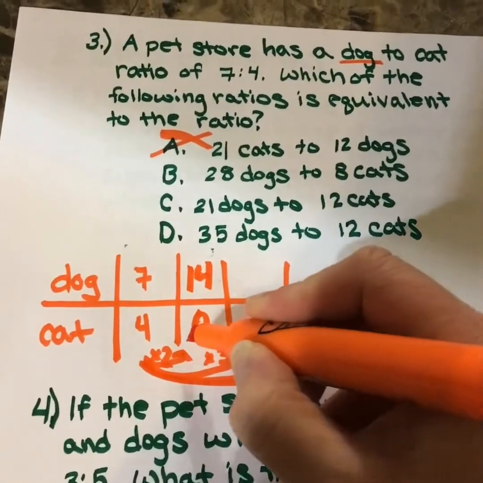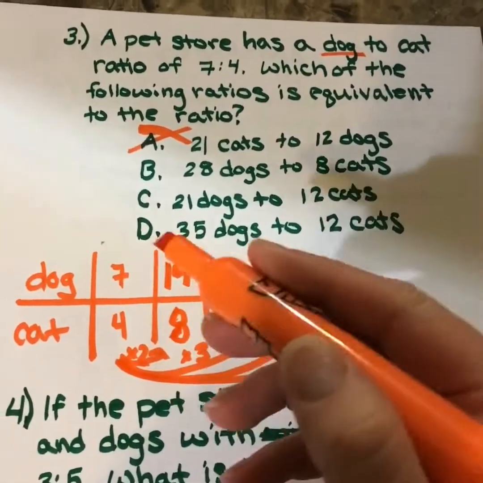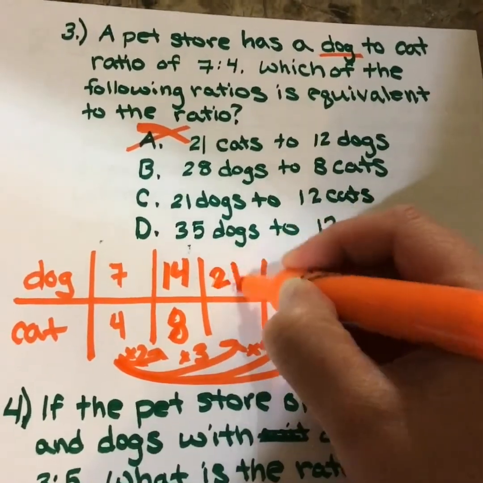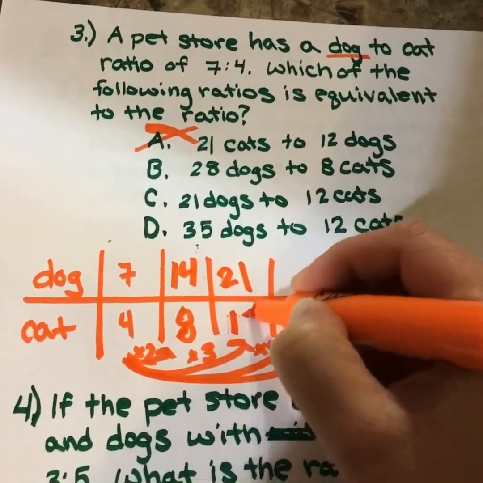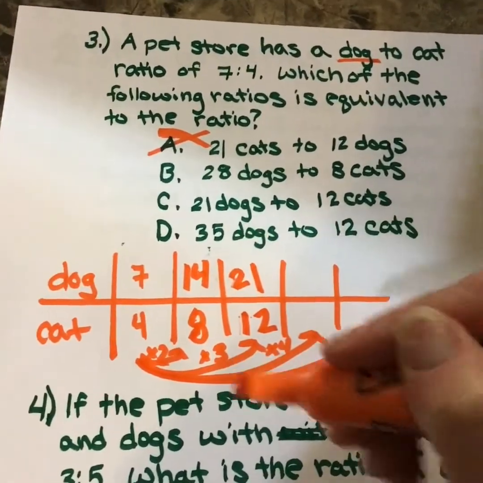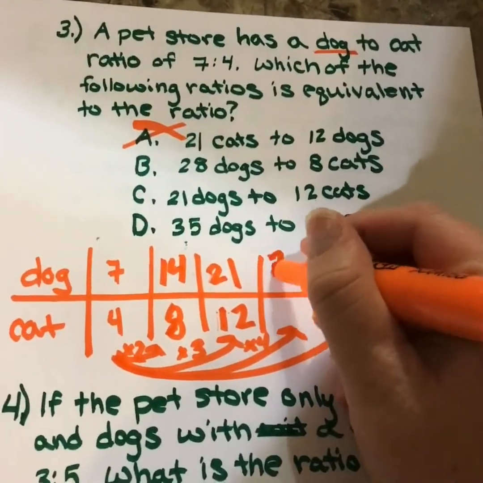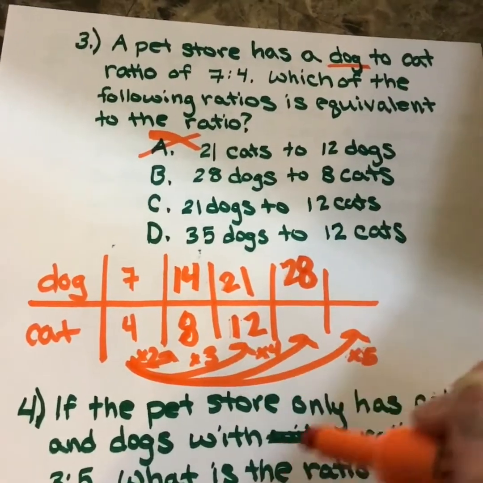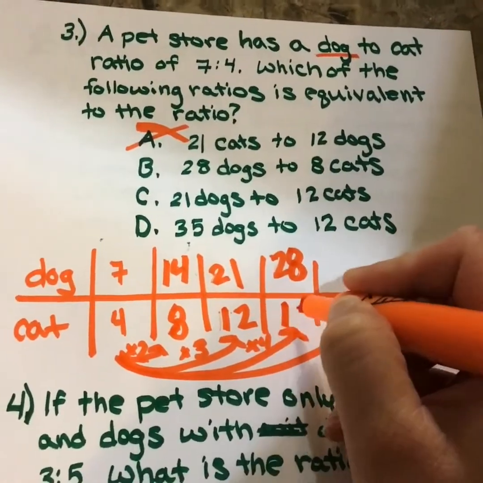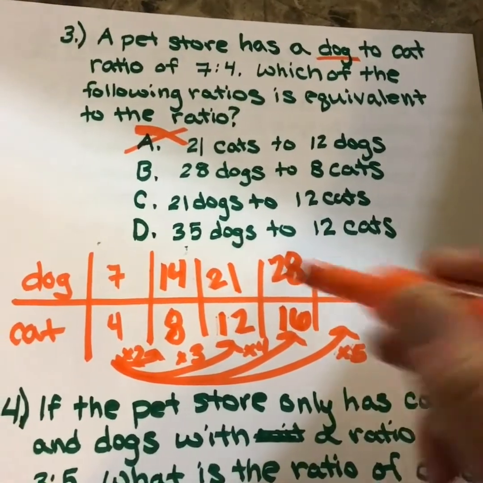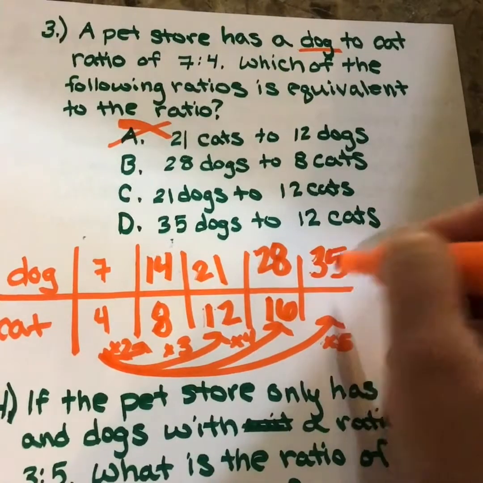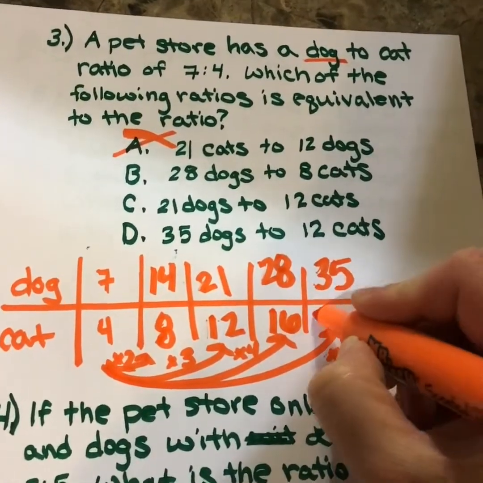Then multiply by 3. 7 times 3, 21. 4 times 3 is 12. 7 times 4, 28. 4 times 4, 16. 7 times 5, 35. 4 times 5, 20.